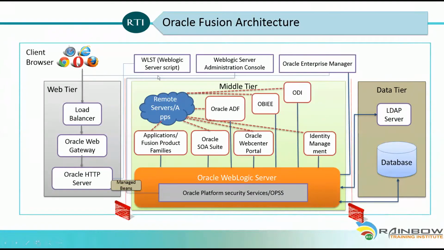And to monitor the WebLogic server status, we have something called the WebLogic Server Administration Console, where you can deploy your applications and see the status of the applications. And we have something called the WebLogic Server Script, which is more of the web tier part, where you can define the mapping between the WebLogic server and application components.